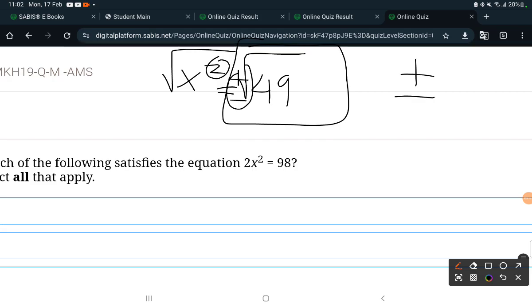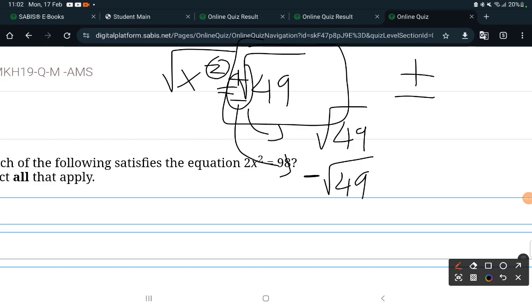What it basically means is that it's going to be a regular radical 49, but also negative radical 49. Both of these are solutions. You need to apply this because they want both roots, the positive root and the negative root. So we have radical x squared equals radical 49 and negative radical 49.